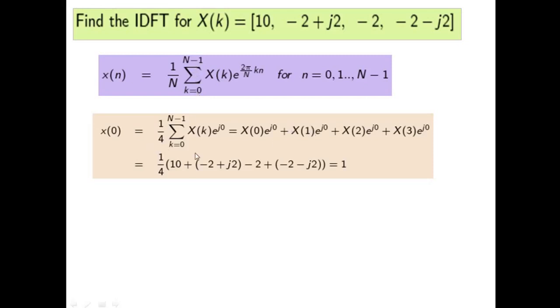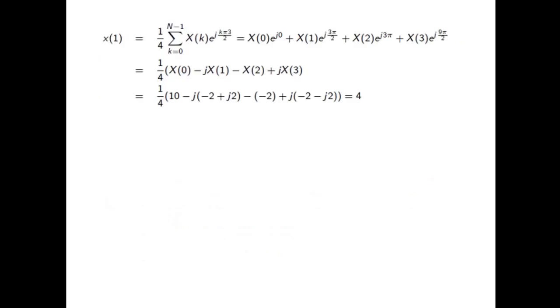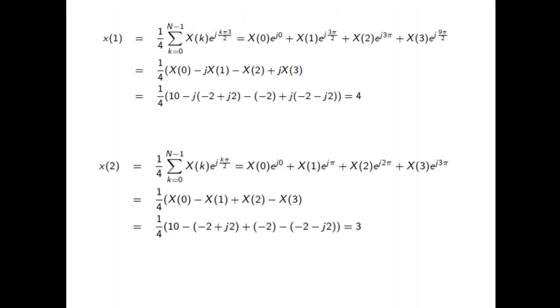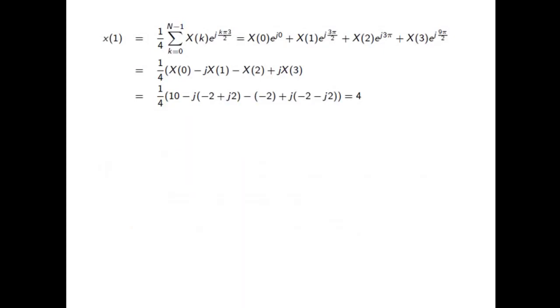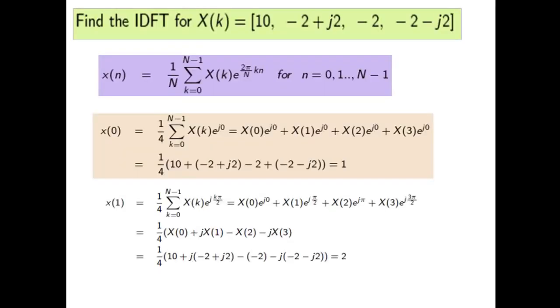By simply expanding the sequence and substituting the values of n from 0 to 3, we can get this inverse DFT. This is a simple expansion, like the previous problem, except that instead of X of k, we are finding x of n. That's all. This is the main formula.